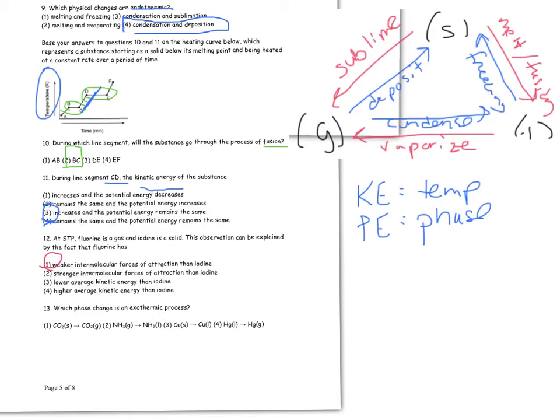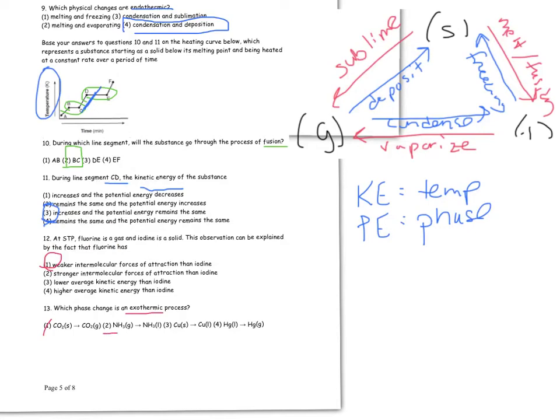Finally, we're asked to find an exothermic process. The word exothermic means that heat exits, or the phase is getting cooler. So if I change from a solid to a gas, the phase must get warmer. We have to add heat, so it can't be the first choice. If I change from a gas to a liquid, then I must remove heat.